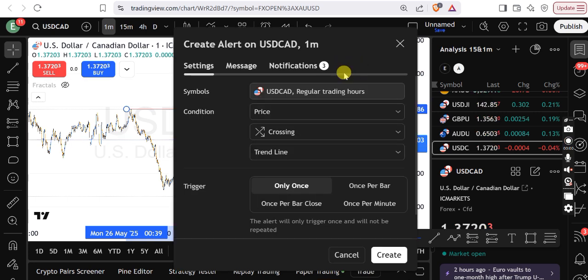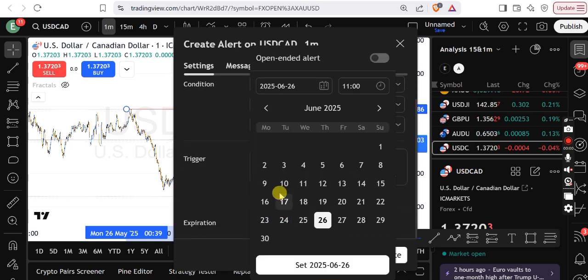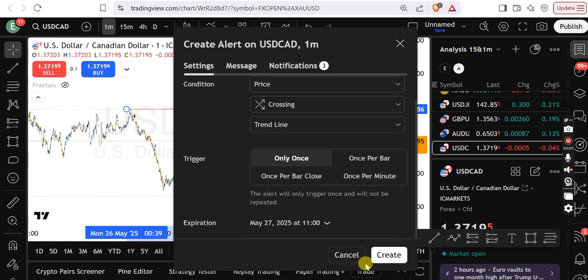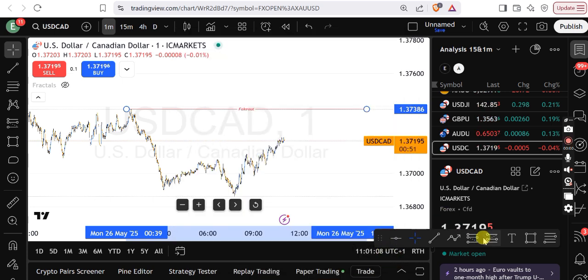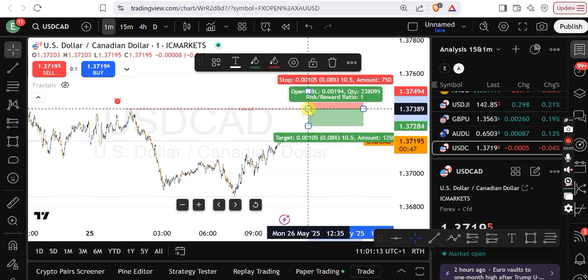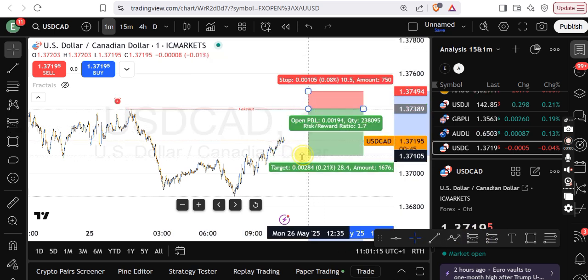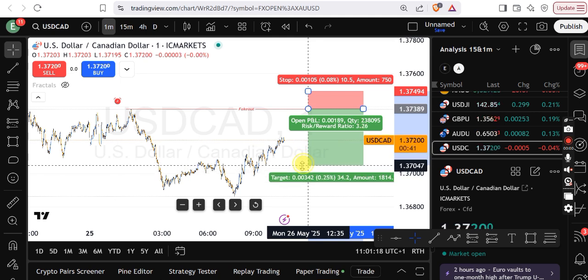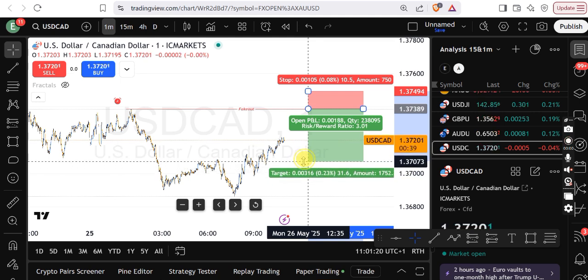That's the extreme of the 1 minute zone. So we'll be expecting a fake out to happen right there. We're going to set an alert there so that if that zone gets triggered and we see a fake out and a breakout to the downside, we can take a long or short position.